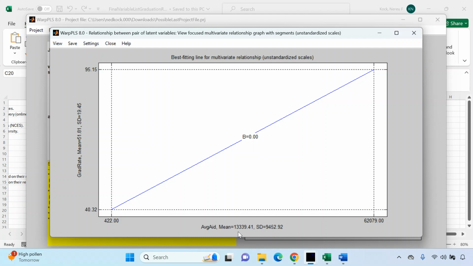For each 1 unit increase in average age, in dollars, for each dollar, it shows 0 because it's a very small increment in terms of graduation rate increase. So this is not very useful. It's probably because the number here is very large, so one increment would lead to a very small increment in graduation rate. So this is not particularly useful.